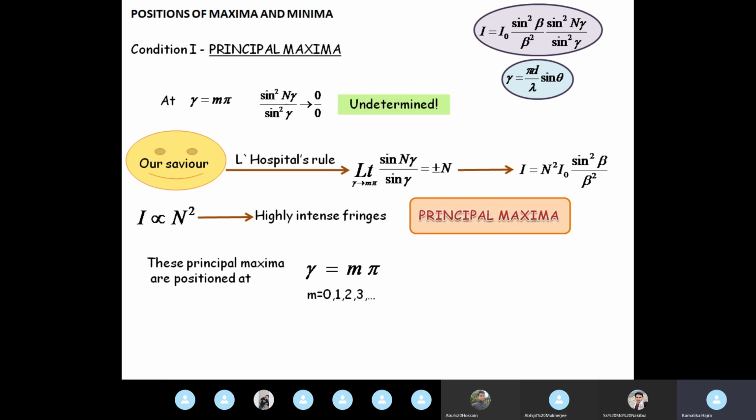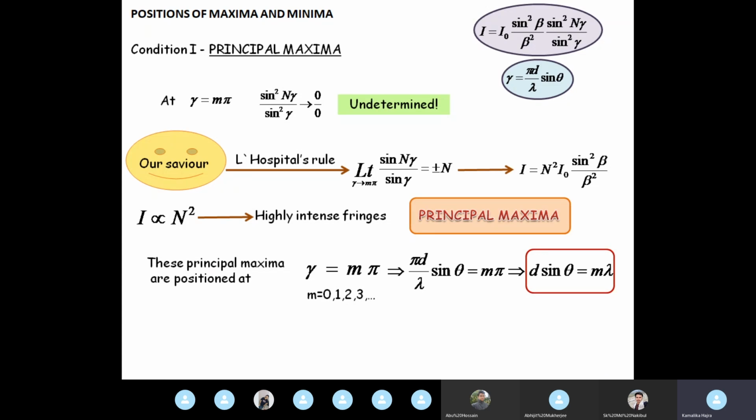where gamma is pi d by lambda sine theta, remember, and therefore putting the value of gamma, we get pi d by lambda sine theta equal to m pi, so that d sine theta equal to m lambda.